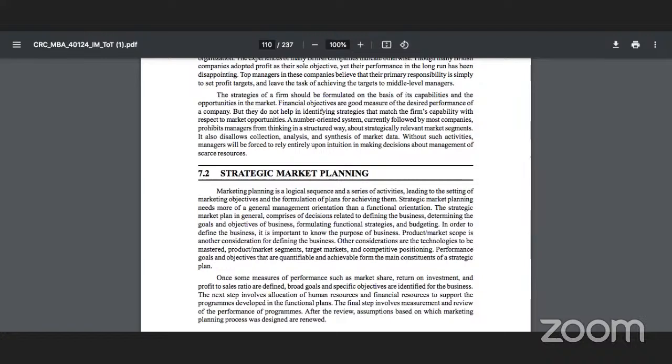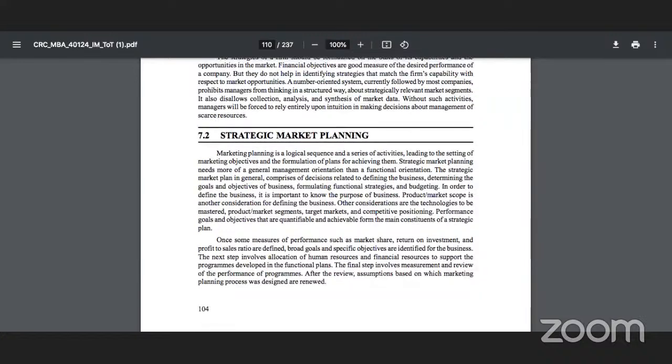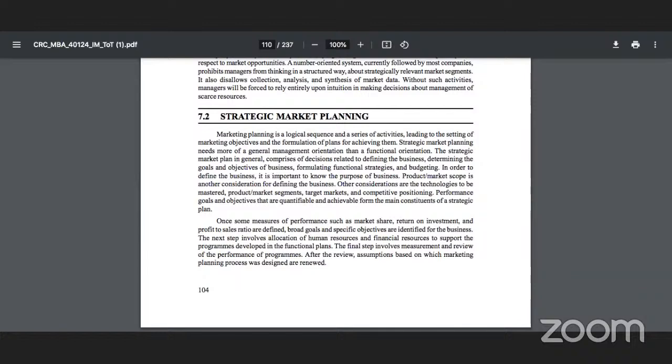What we need is, it has to be also clubbed with a functional orientation. So while a functional orientation forms the basis, a general management orientation sits on top of it and gives the right approach to the company to define in terms of their business, the goals and objectives, and the functional strategies, and of course the budgeting to go ahead.